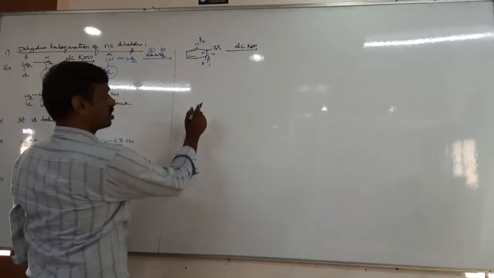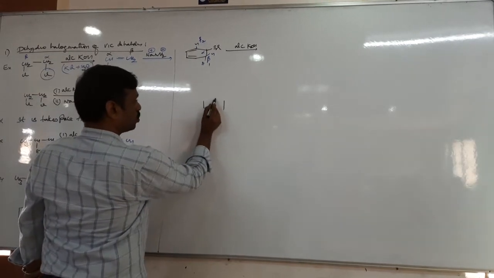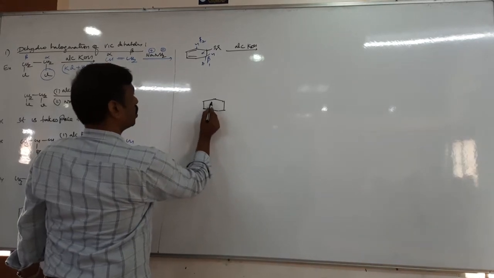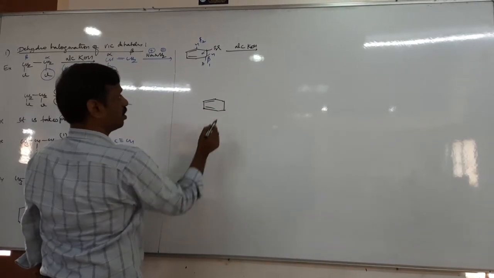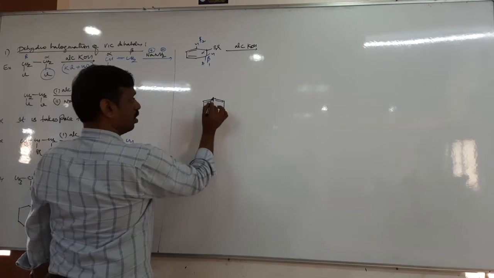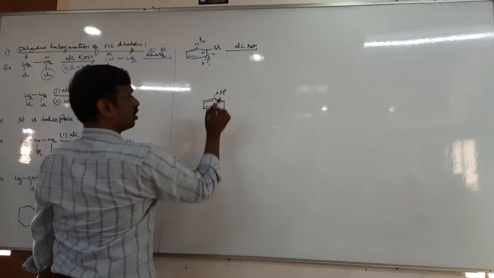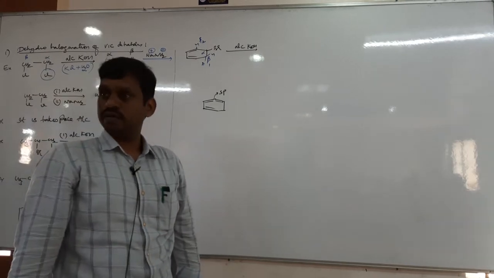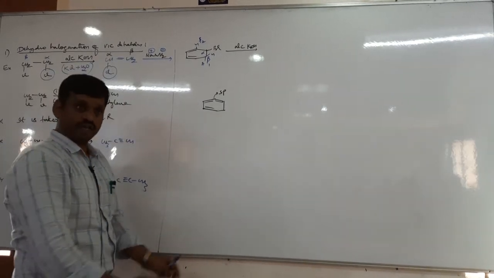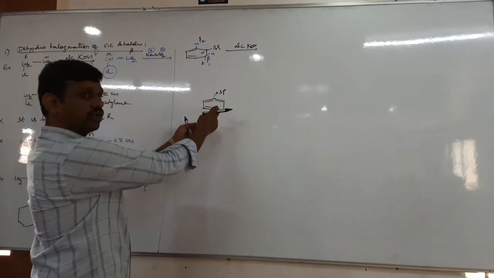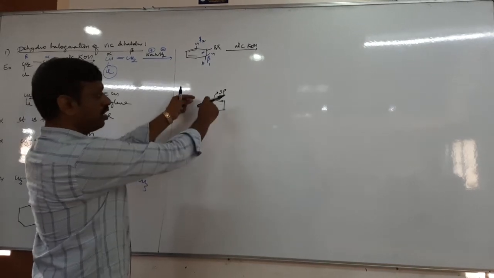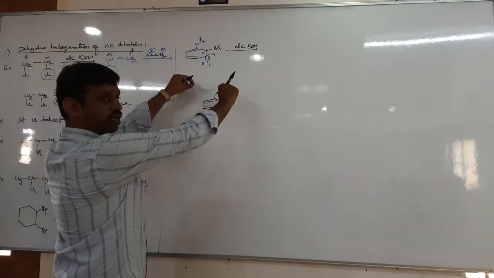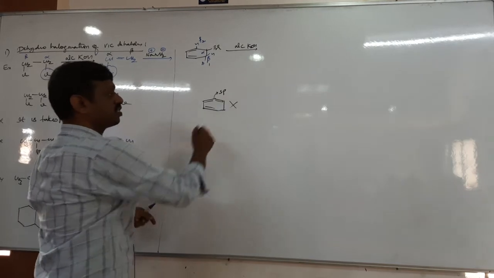Beta 1 is stable, because if hydrogen is eliminated from beta 2, this double bond is already there, and you will get another double bond here. It means this carbon becomes sp carbon. But sp carbon should be linear. But will you get linear here? No. In order to get linear, this bond should be broken. The molecule does not exist.